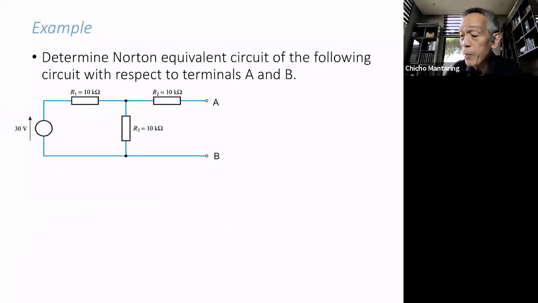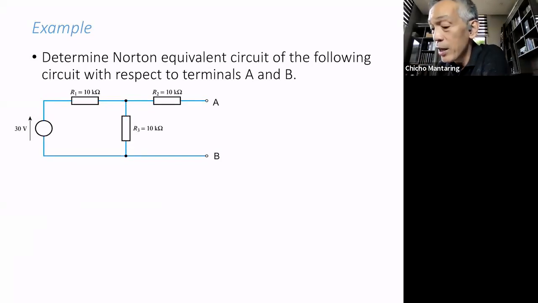Okay, now supposing the problem had been determine the Norton equivalent. Let's say hindi natin alam kung ano yung Thevenin equivalent. Binigay sa atin tong circuit na to, and pinapakuha sa atin yung Norton equivalent. Okay, so what do I have to do?